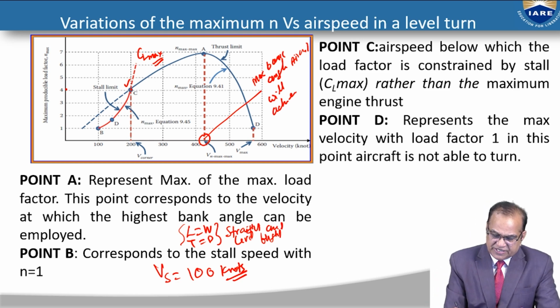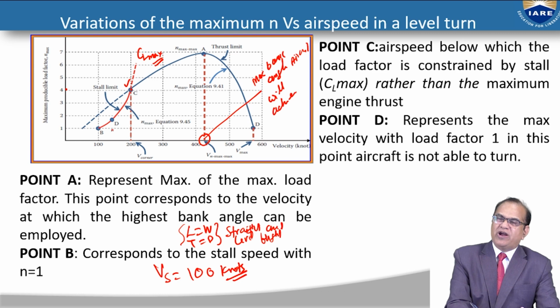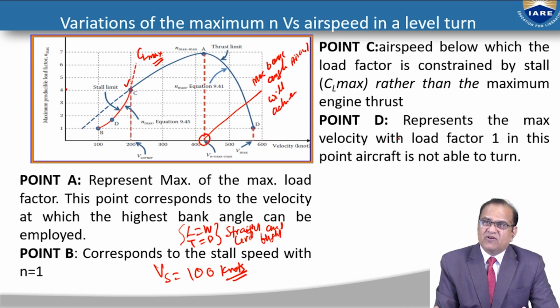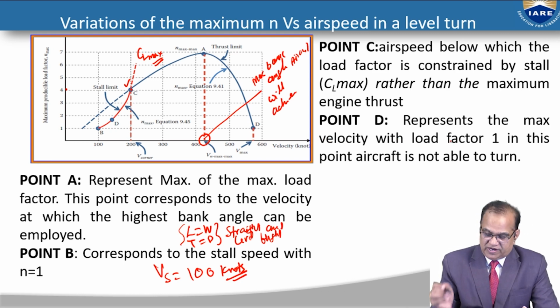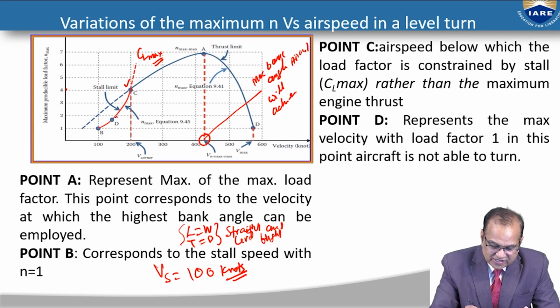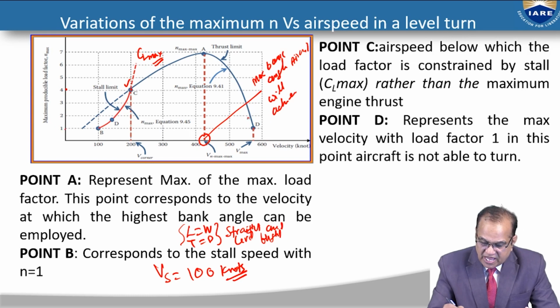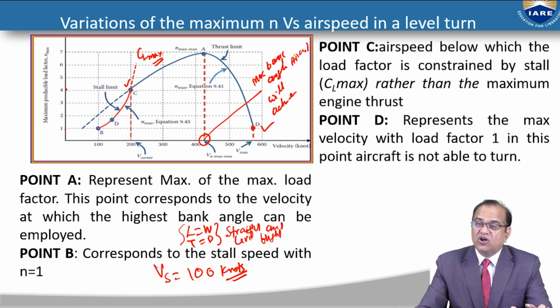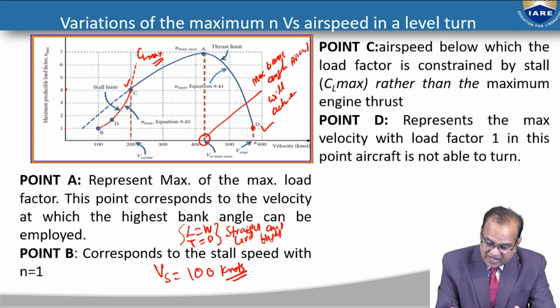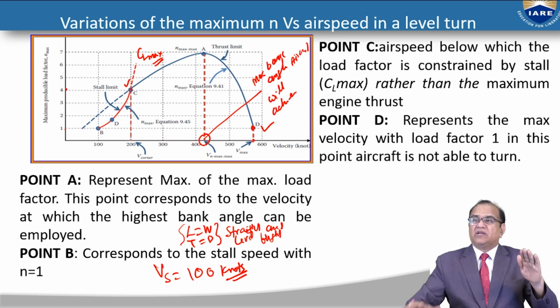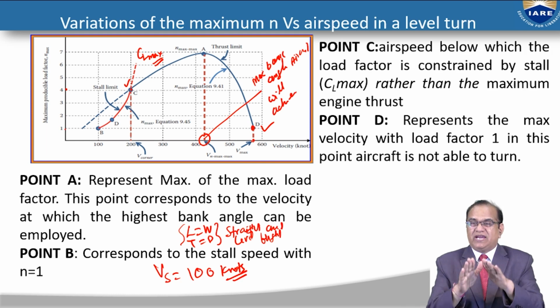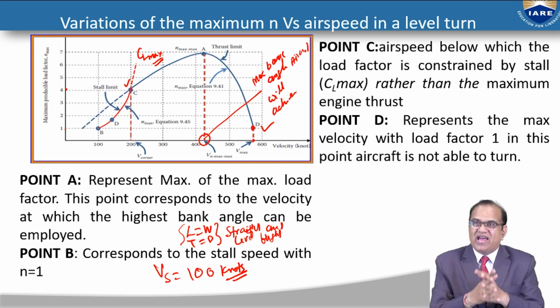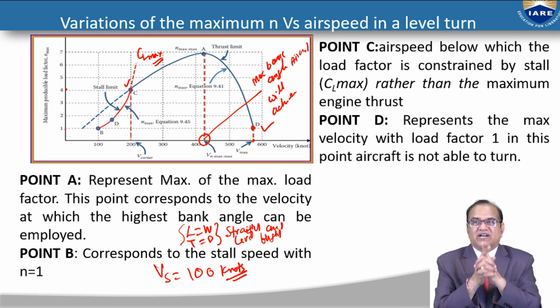Next, here are the two points D, which represent the maximum velocity with load factor 1. For steady and level flight, where you have load factor 1, your aircraft can fly up to this velocity. Any aircraft gets its maximum speed when flying steady level flight with load factor 1.